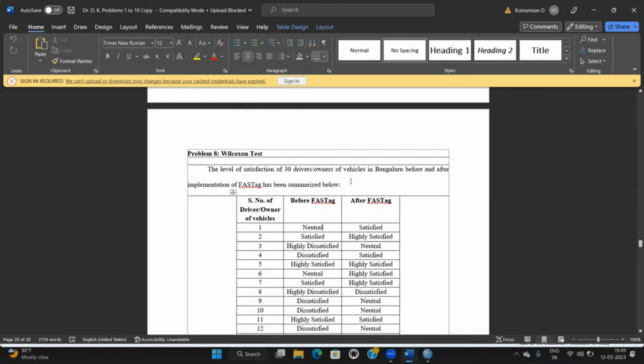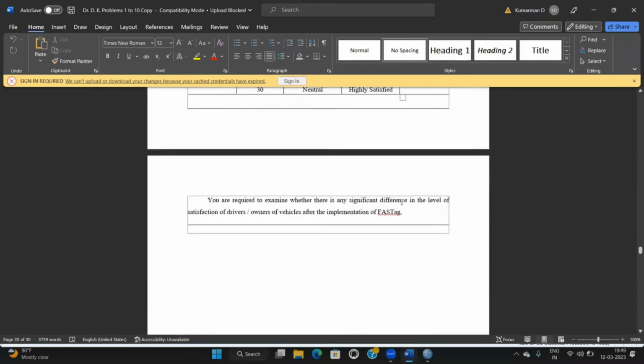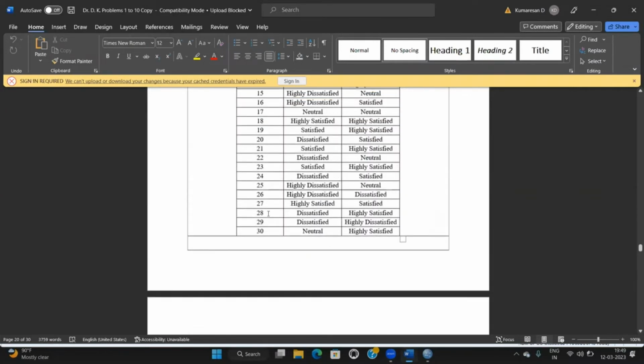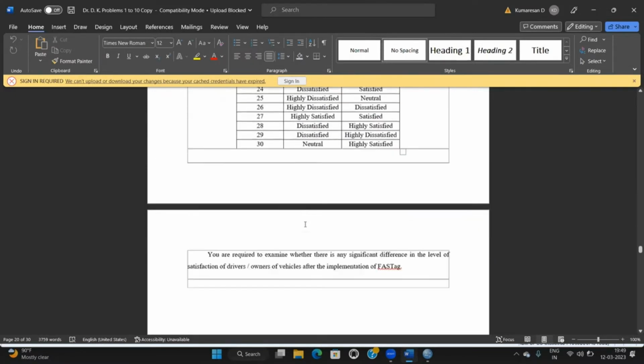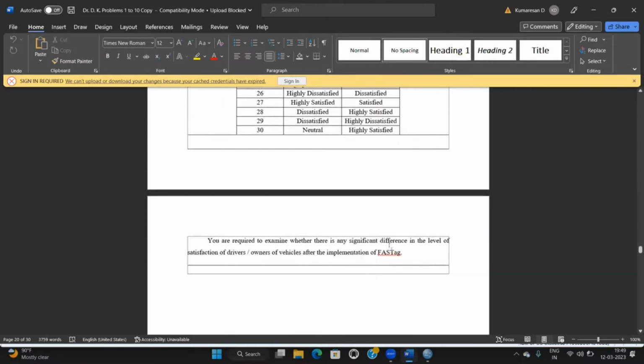So here we are required to examine whether there is any significant difference in the level of satisfaction of drivers or owners of vehicles after implementation of FASTag.